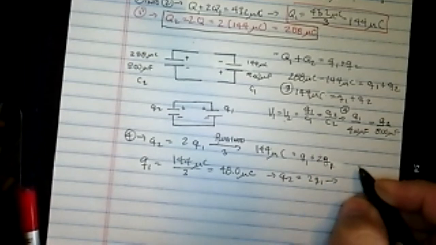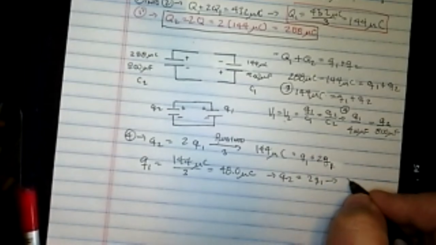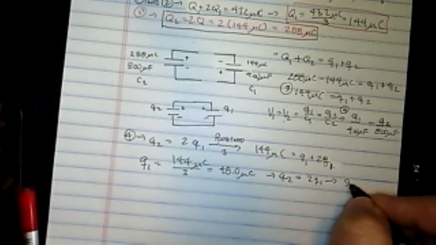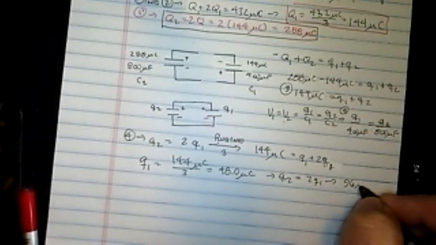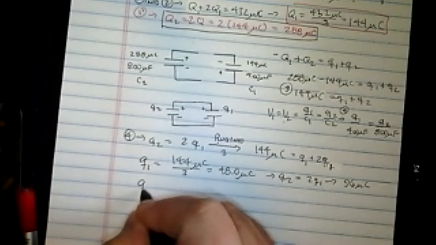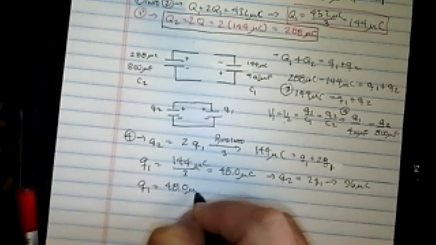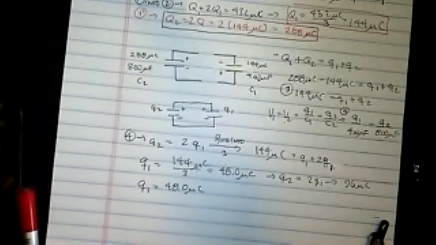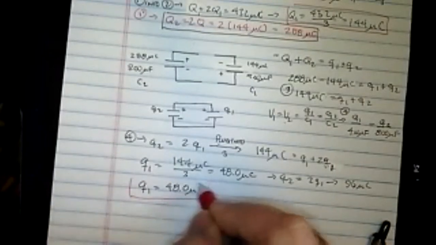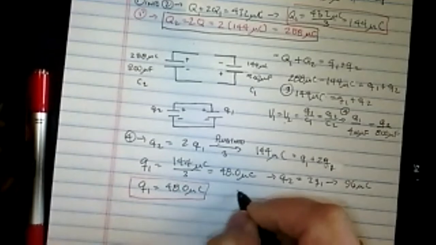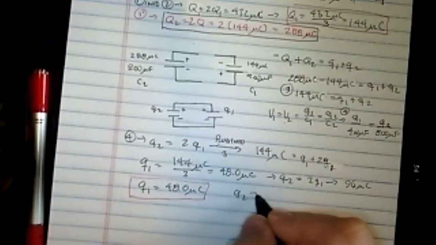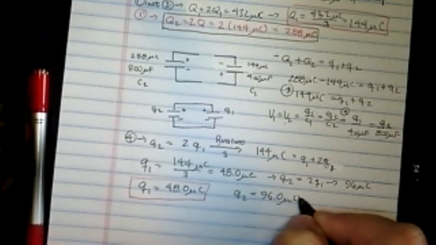So that means it's now going to be 96 microcoulombs. So I now have Q1 is equal to 48.0 microcoulombs, and I have Q2 after we've reconnected them, of course, is equal to 96.0 microcoulombs.